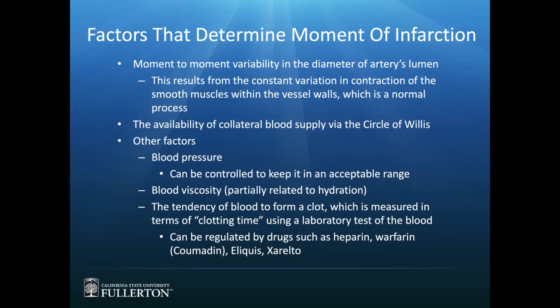So in somebody who has an atherothrombotic process going on, they're going to try to control the blood pressure, but they don't want it to go too low because then it may not be able to get the blood through that point. So that is a variable. Your blood pressure is going up and down all day, all the time. So they want to keep it low enough so it doesn't advance the disease process, but not so low that it can't get the blood through the diseased portion of the artery.